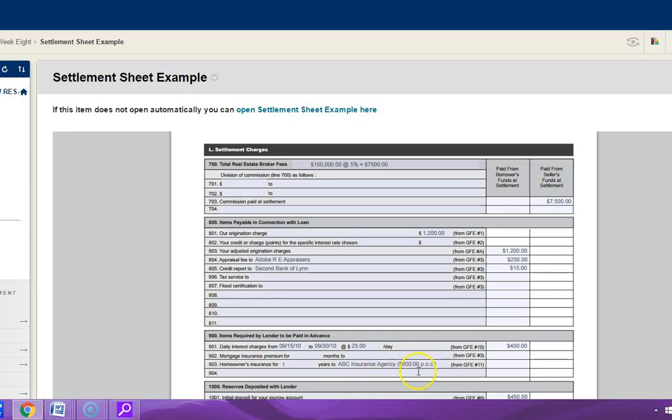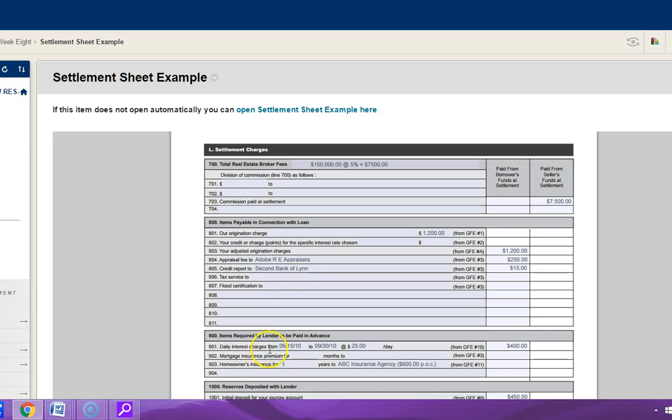And here's that POC, paid outside of closing, and it costs $600 to get the first year's premium. So it's the premium that starts the day of the closing and runs for 1 year later, to a date that's 1 year later.